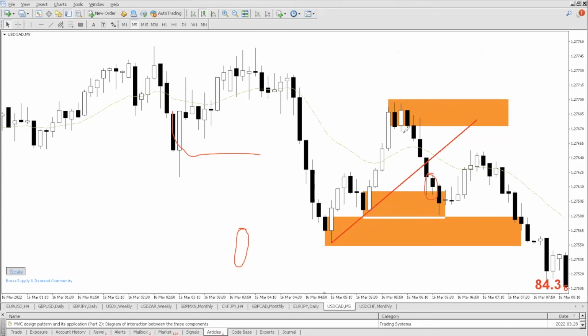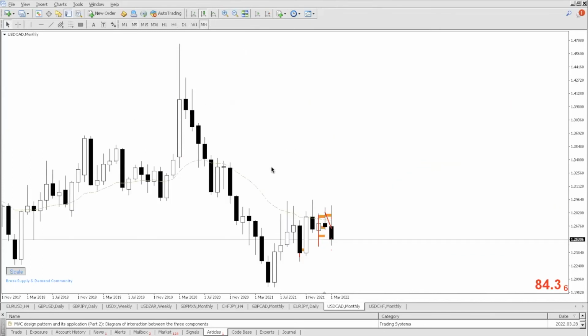Okay. So for the smaller time frames, for any time frame that is less than H4, it's very important for you to know the direction of that pair on the bigger time frames, right? So if we have a pair like this, first, guys, this is very important.